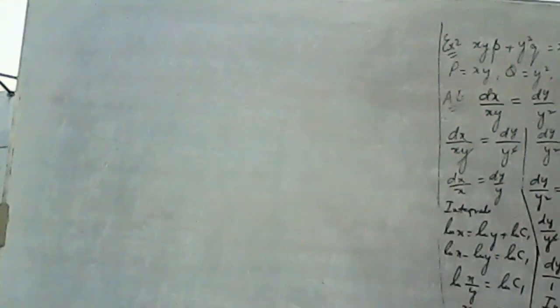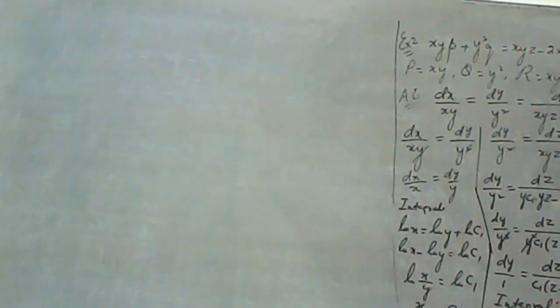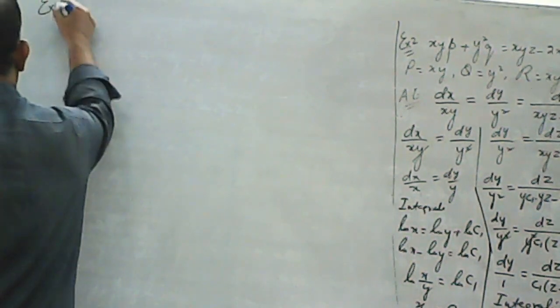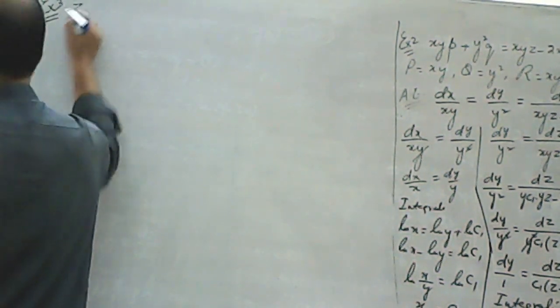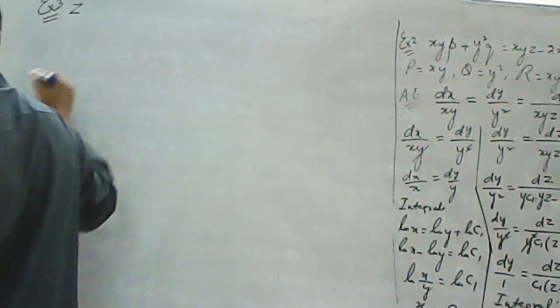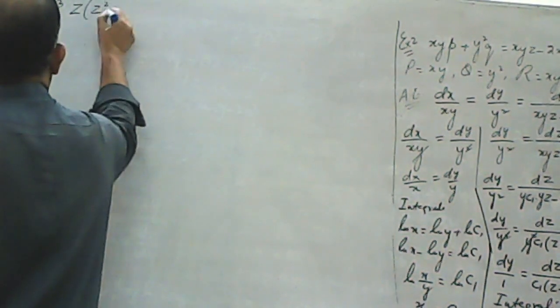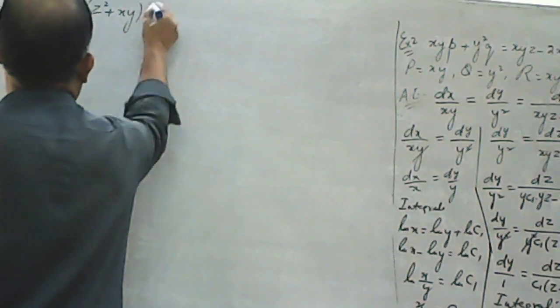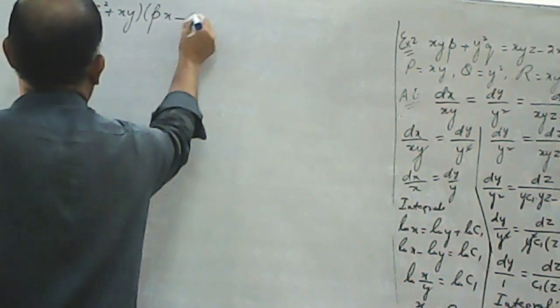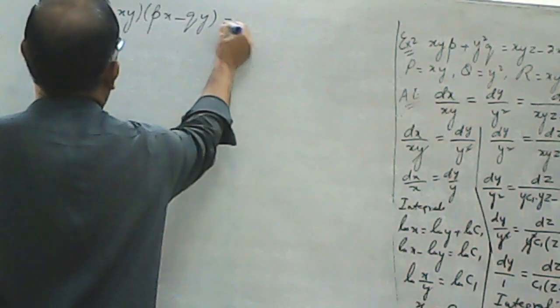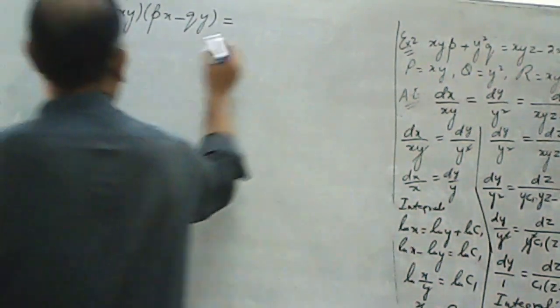So now we are considering the third example. Example number 3. z square plus xy, px minus qy is equal to x power 4.